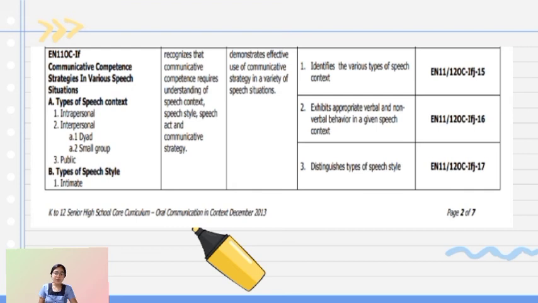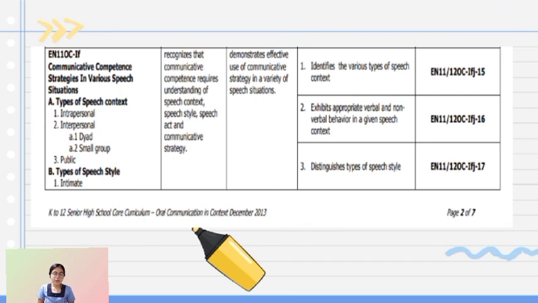So, narito yung mga content standard na dapat malaman, performance standard, and the learning competencies ng students, designed to meet their goals, para sa mga estudyante and para meet din yung goals ng mga teacher pertaining to the success of their students and the success of their instruction.